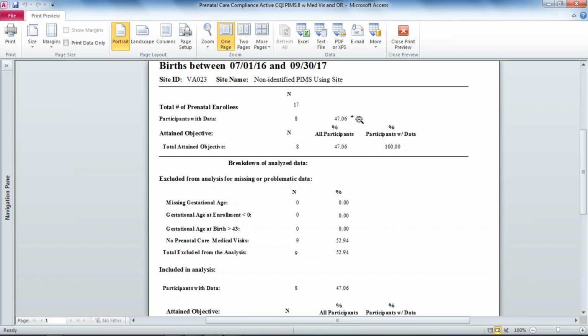We generally set that if you want to have a good estimate, you need to have at least 80% of your participants with data. Okay. Now, that said, what we report is on the number of participants with data. So, although we have 8 participants who didn't have data, we have 8 who attained the objective, and we would report the 100%.